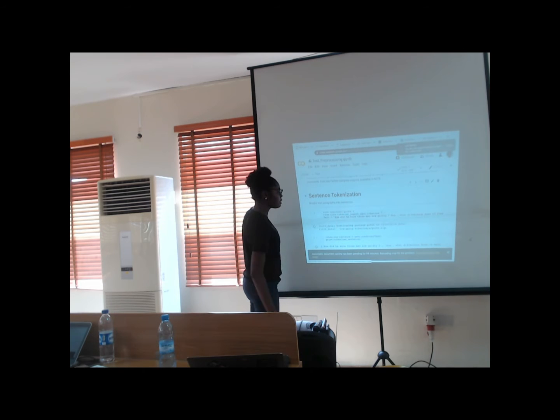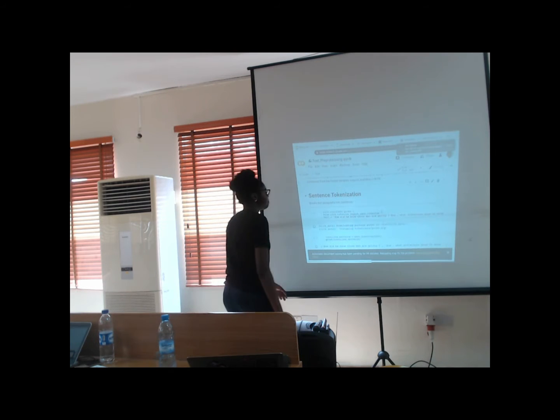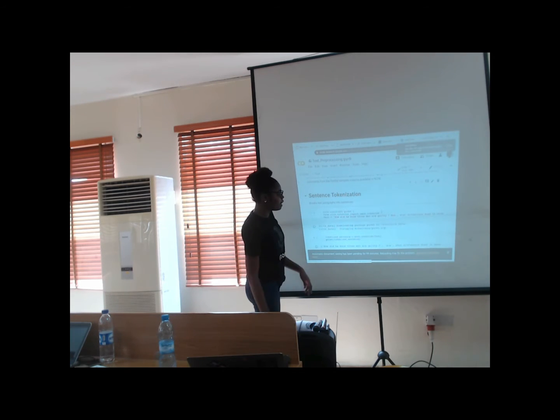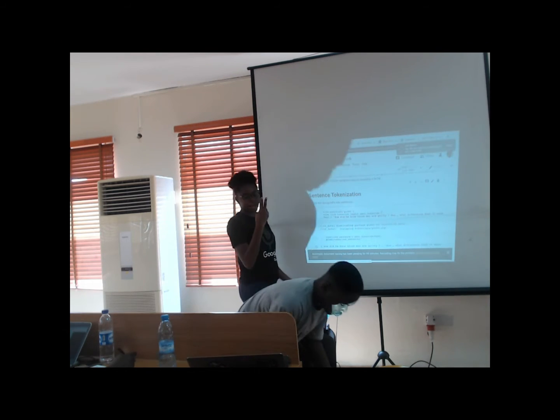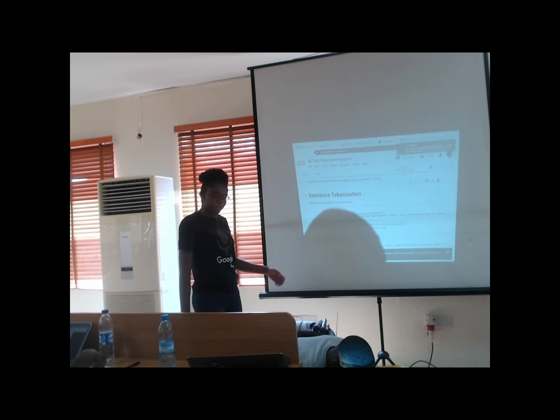So these are our texts. How do we know these men are guilty? That's one sentence here. And then we have two sentences.